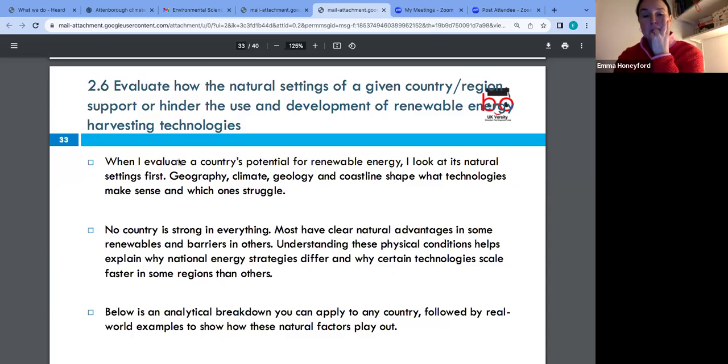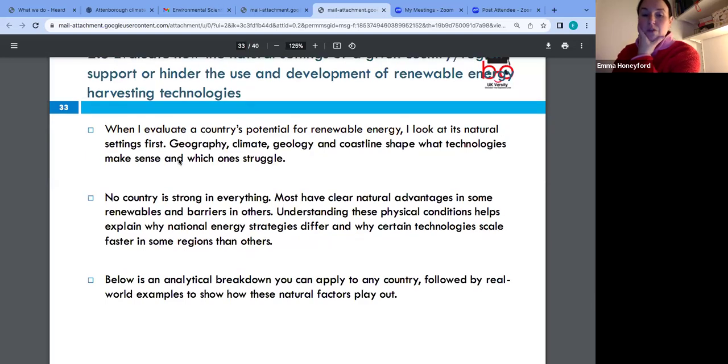So this is a good way to assess and explore which renewable energy would be best in certain areas, dependent upon those different factors. No country is strong in everything.